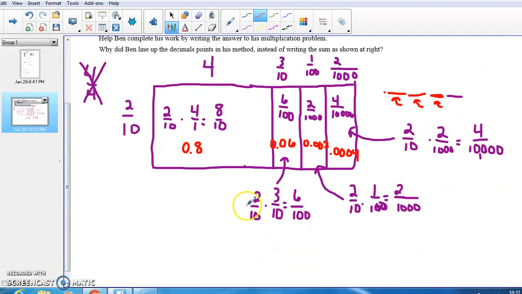We have to add all these up. And hopefully you remember from past math classes that when we're adding decimals, we need to line up our decimals. So if I start with this decimal, I'm going to have 0.8. Right above it, I'm going to write the next one, which is 0.06.